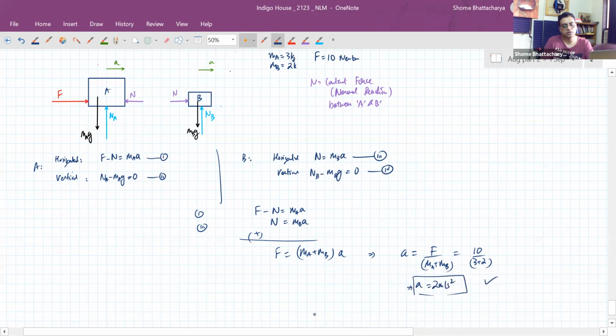That's the first thing. Okay. Now substitute this in equation 3. So we get N is equal to 2 kg into 2 meters per second square. So the normal reaction force between the two blocks is 4 newtons.